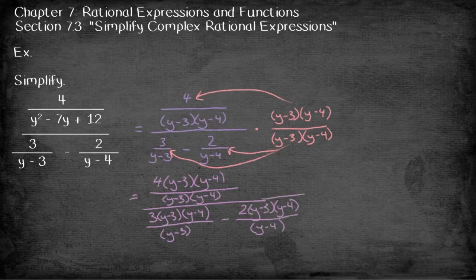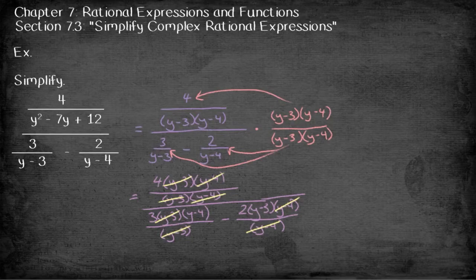Since the denominator is separated with a subtraction sign, we gotta distribute over that. All right, I promise you it's gonna get better. So upstairs, lots of stuff divides out. The y minus 3, the y minus 4. Downstairs, the y minus 3 and y minus 3. And again, a y minus 4 and a y minus 4.